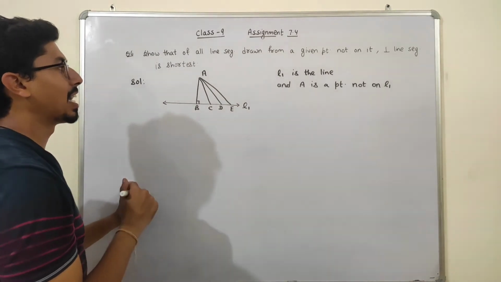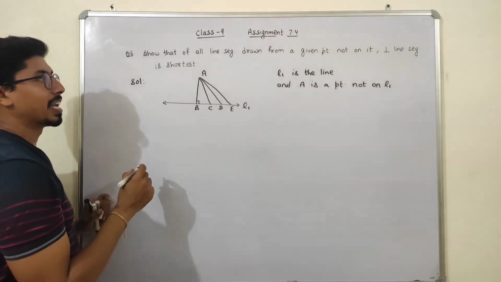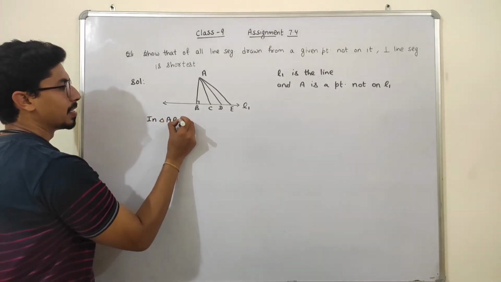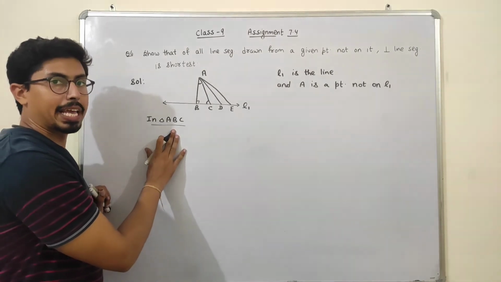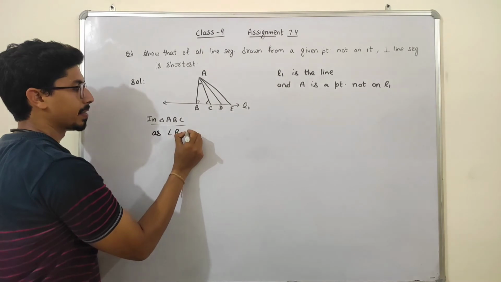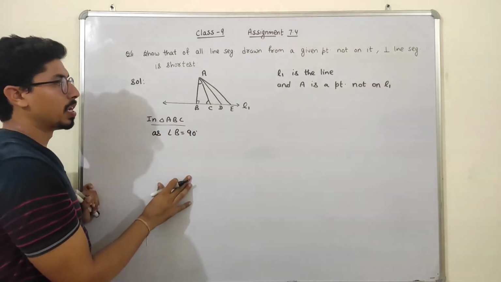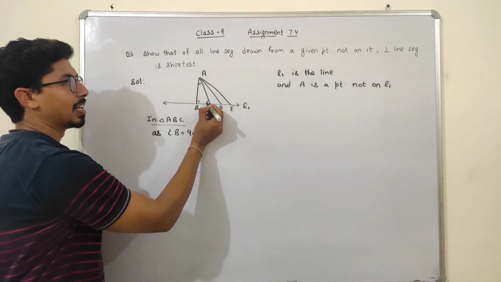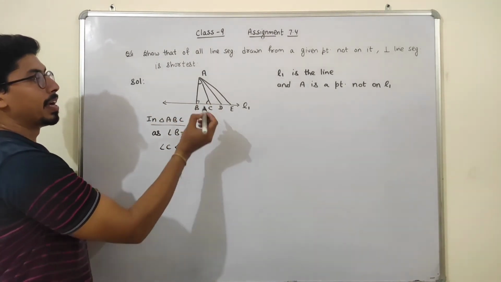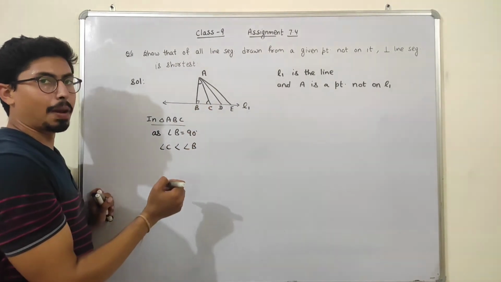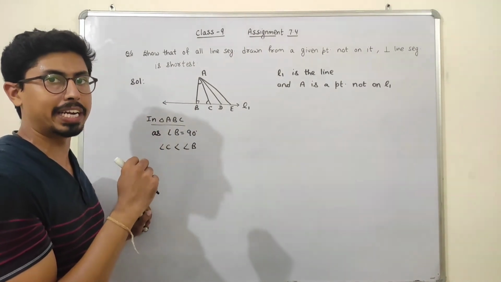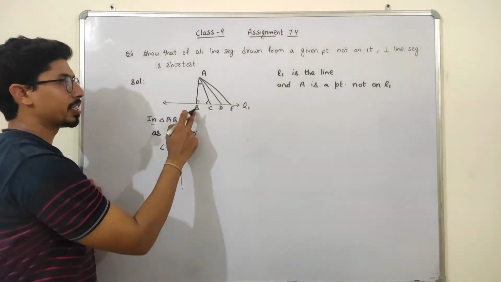So if I take triangle ABC, as angle B is 90 degrees, the remaining two angles, angle A plus angle C, will sum to 90. So angle C is less than angle B.